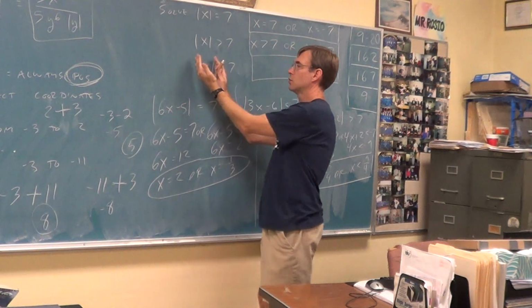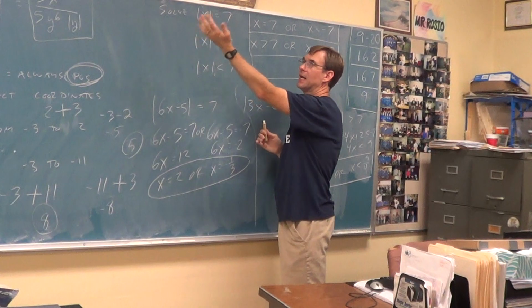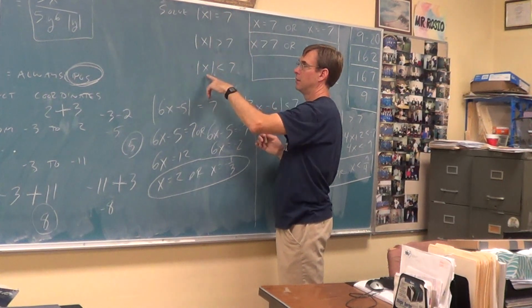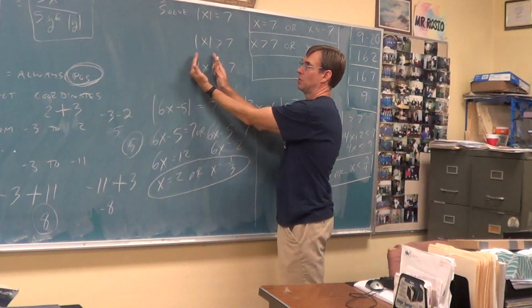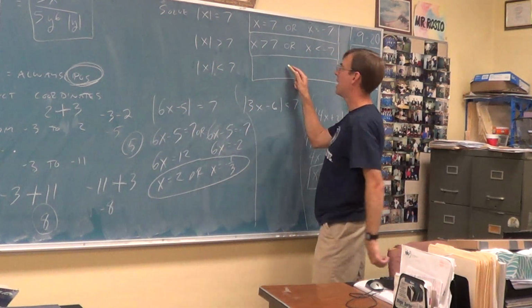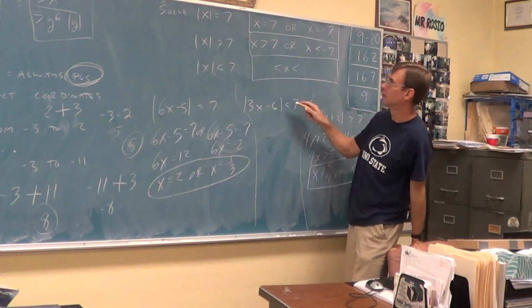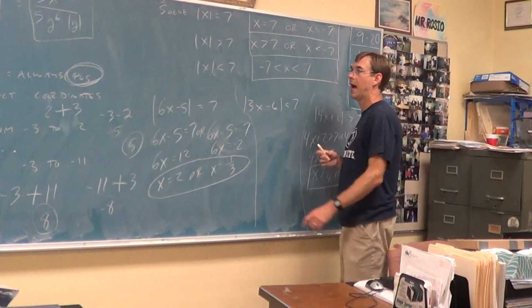Those all have absolute values that stay under 7. But you can't get too high, like 10, that's too big. You can't go as low as negative 10, because the bars turn that into 10, and that's too big. We'd have to stay with our x between negative 7 and 7, and our less than sandwich is back.